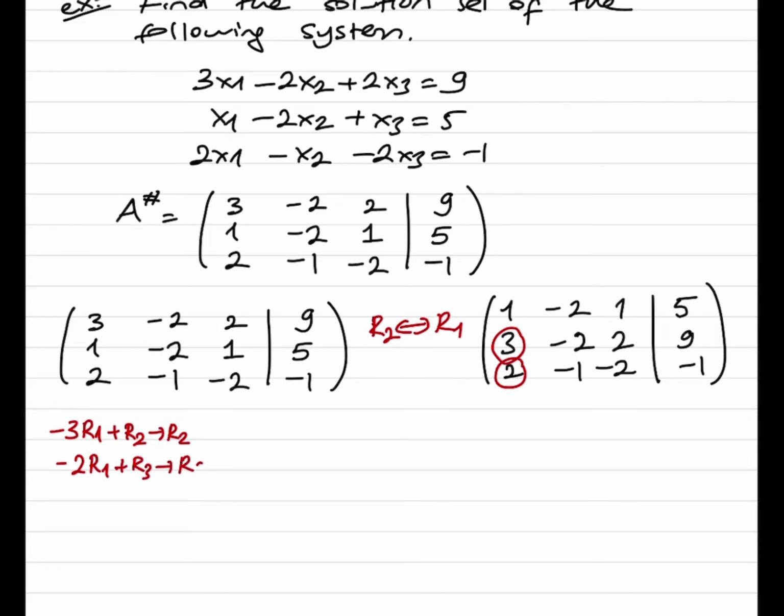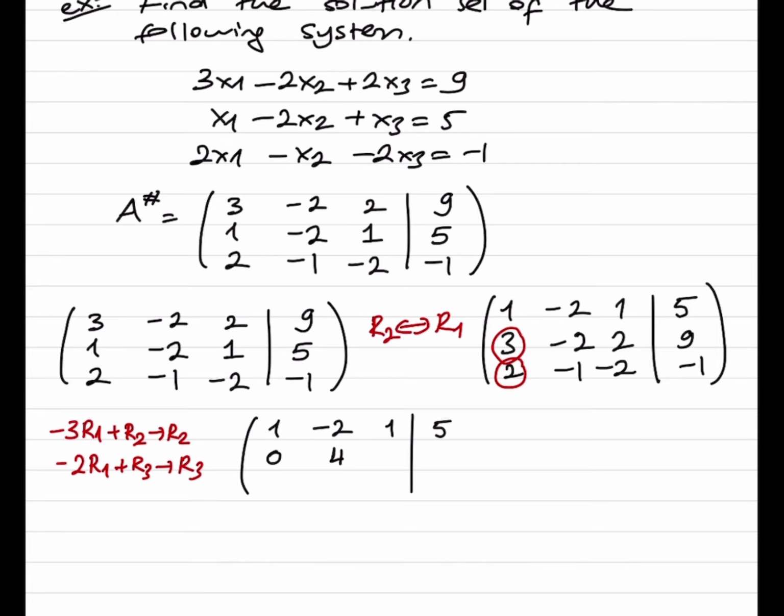These operations will make these ones to be 0. I hope I will not do anything wrong. We multiply the first row with minus 3 and add to the second row. Minus 3 times minus 2 is 6, minus 2, we have minus 4.